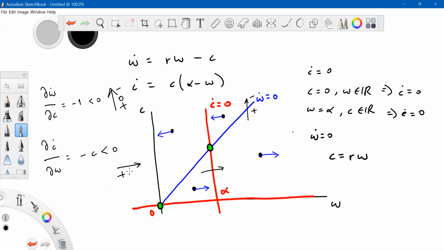So it is positive, 0, and negative. So on the left of the C dot curve, C increases. On the right hand side of the C dot curve, C decreases.